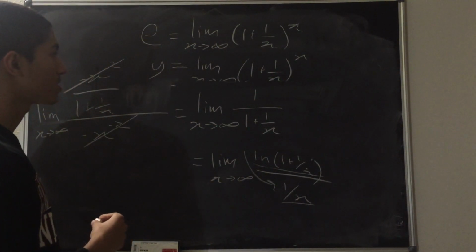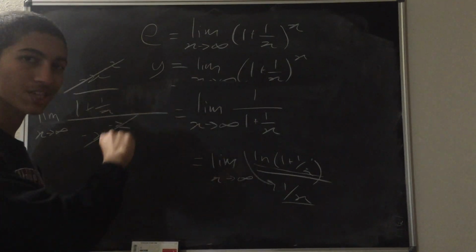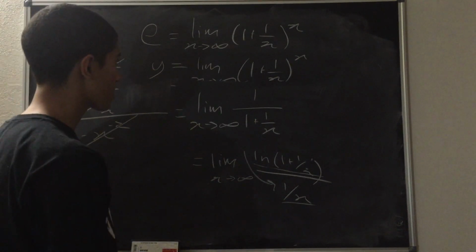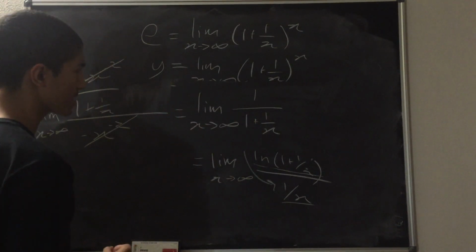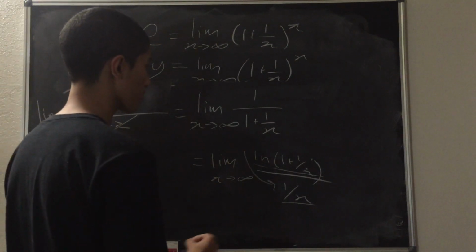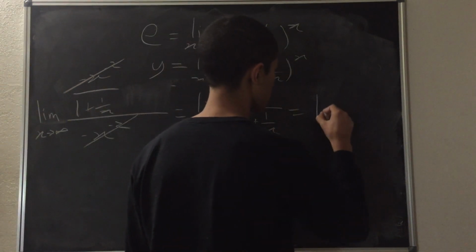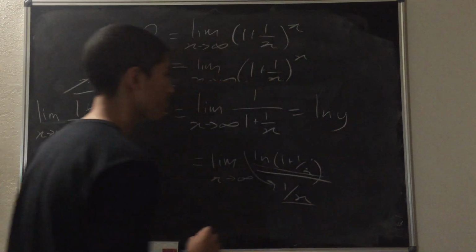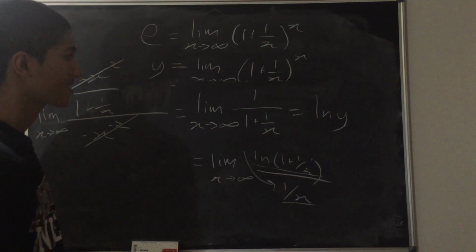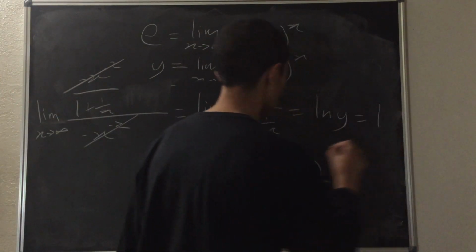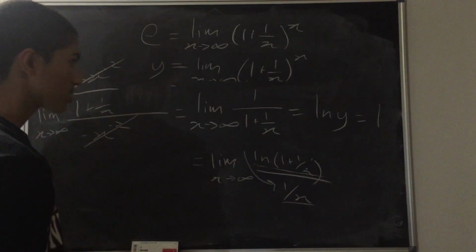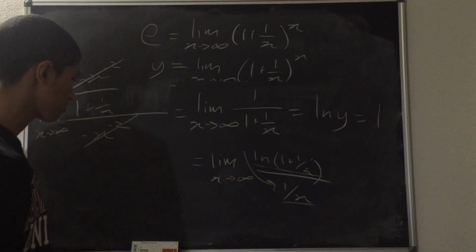And now we're going to retrace our steps back, and we're going to go back to our second step, I believe. And we're going to say this is equal to the natural log of y, which is equal to 1, as we have evaluated. So now I have ln y is equal to 1.